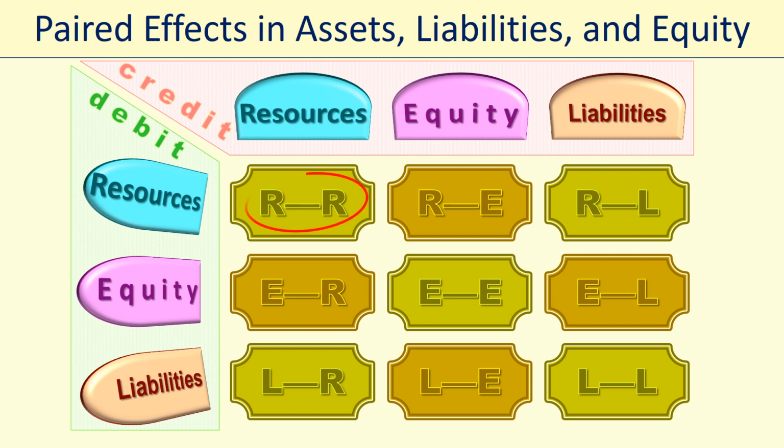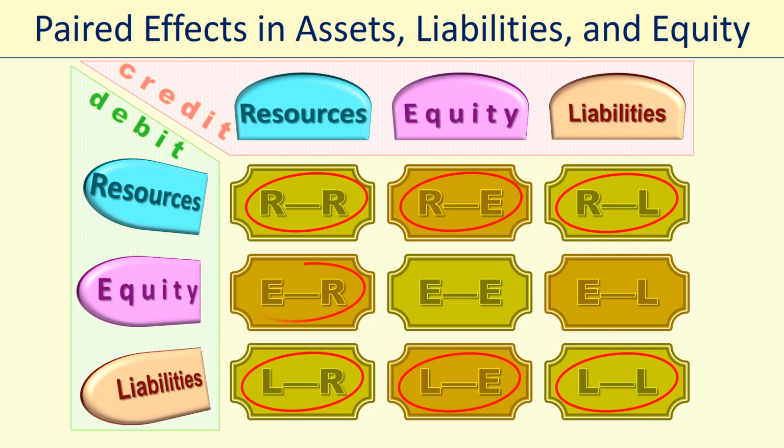Debit R, credit R, debit R, credit L, debit R, credit E, debit L, credit R, debit L, credit L, debit L, credit E, debit E, credit R, debit E, credit L, debit E, credit E.